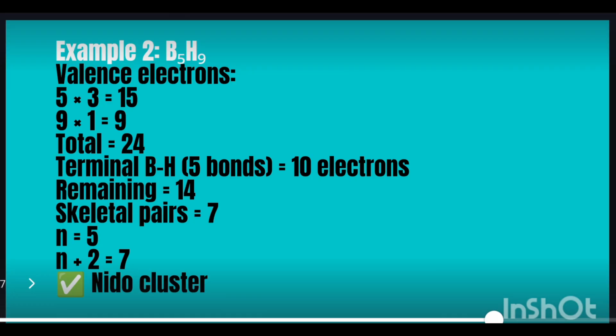Now let's see one more example, B5H9. Here we count the total valence electrons. Here 5 boron atoms are present, so 5 into 3 is equal to 15, and 9 hydrogen atoms are present, so 9 into 1 is equal to 9. So 15 plus 9 is equal to 24 total valence electrons.